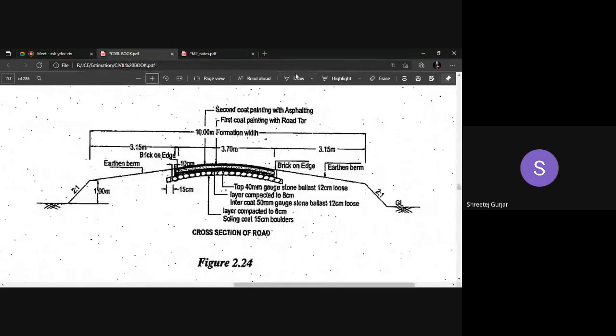So what kind of road is this? Which type of road is this? Answer quickly so that I can leave you. Flexible pavement, right? This is an example of a flexible pavement. So what is flexible pavement made up of? Tell me, what is the surface coat made up of? Top layer.